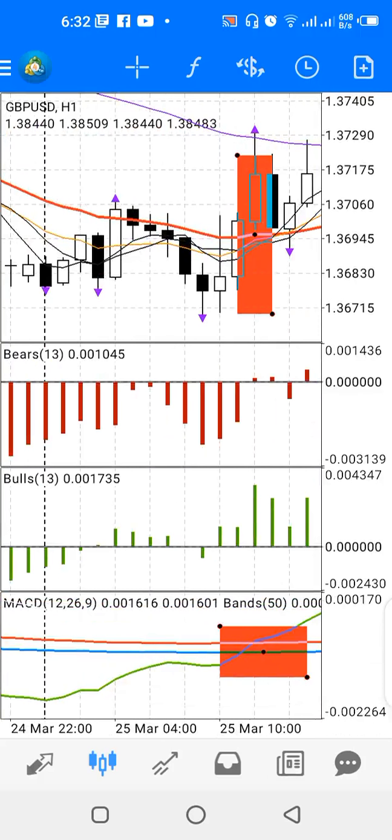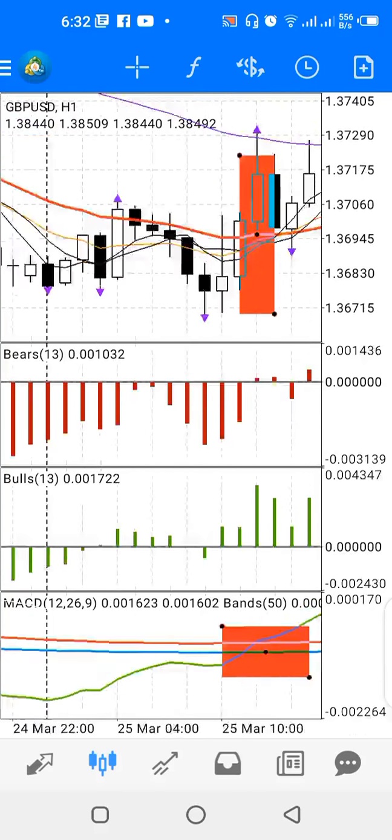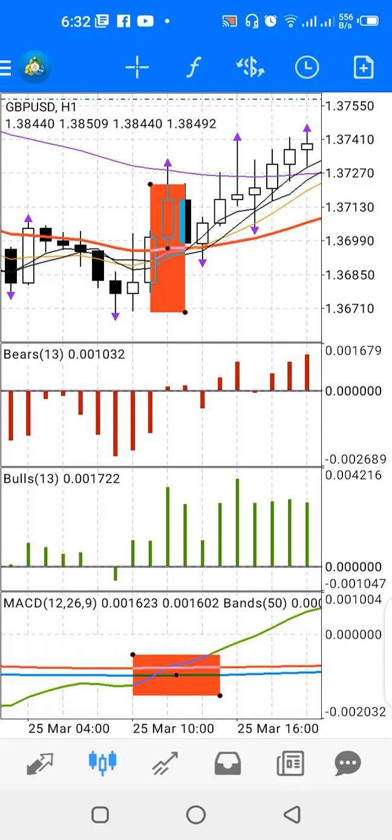On the main chart, when you want to buy, allow all moving averages to go above the blue line. When it goes above the blue line, that means you are in a bullish trend. So only look for when price starts to close above all the moving averages for you to enter your buy trade. That's for the main chart for a buy trade.